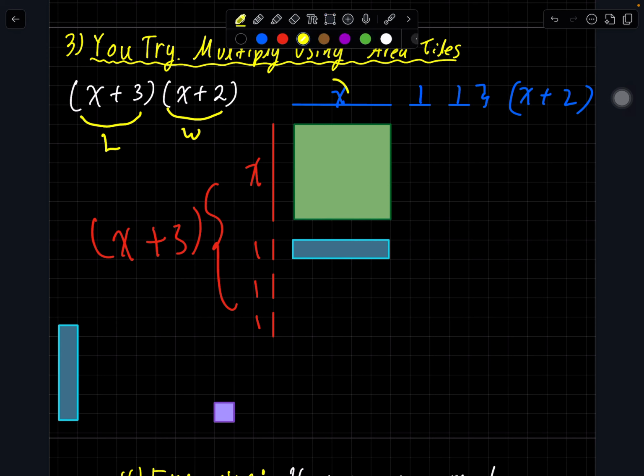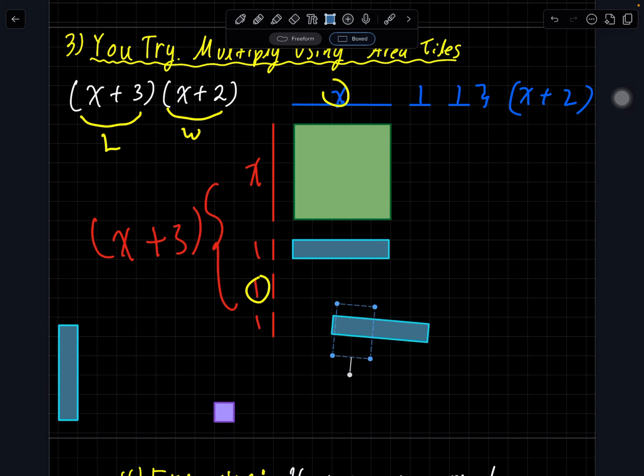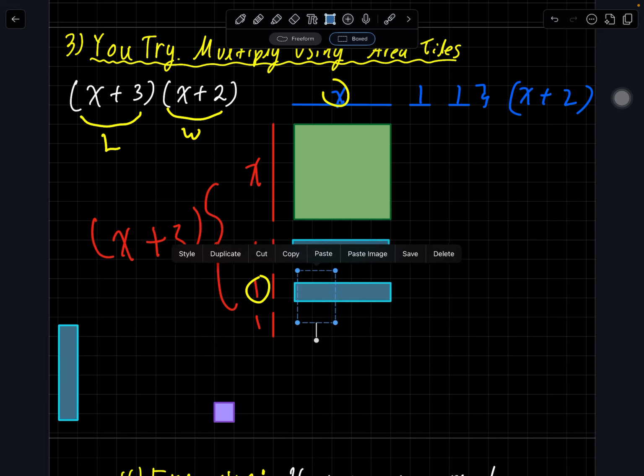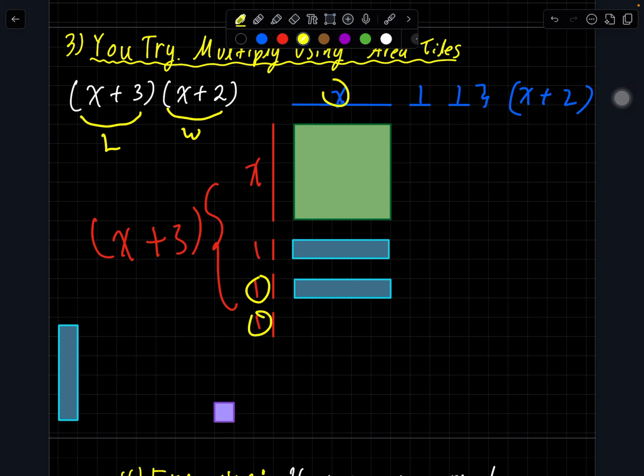Again, we have x by 1, so we'll need another blue bar. And finally, another 1 times x, so we need one last blue bar.